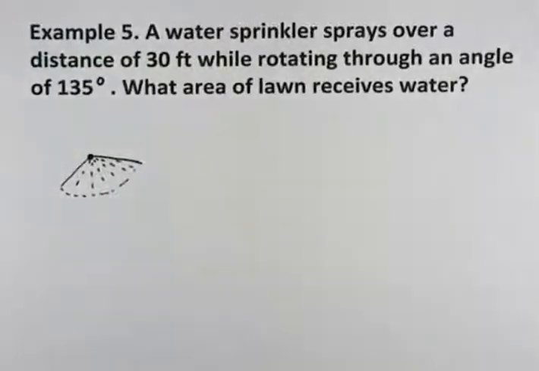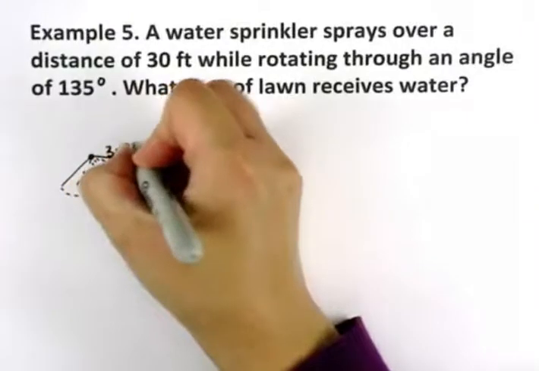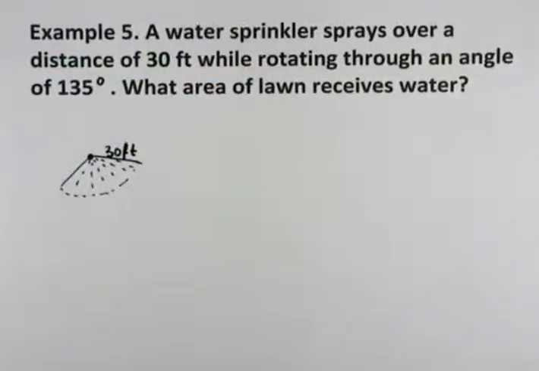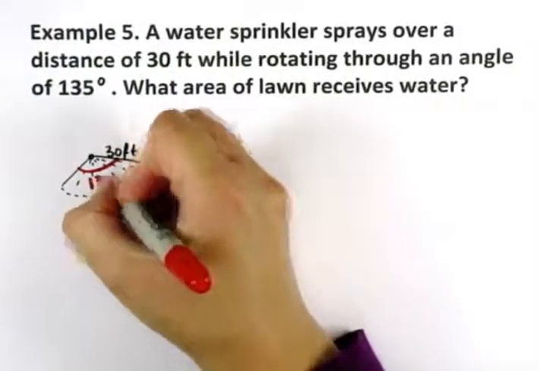So we have that the water sprinkler sprays over a distance of 30 feet. So my radius is 30 feet and my angle is 135 degrees.